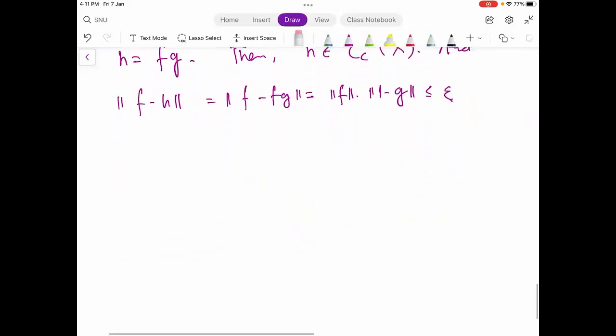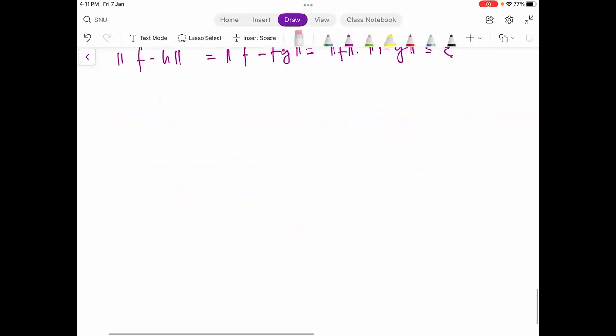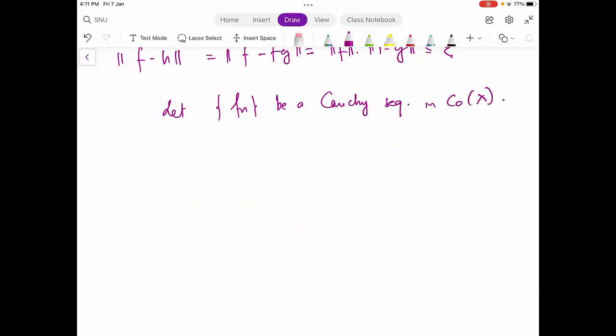The second thing that you need to prove is that C_0(X) is complete. So let f_n be a Cauchy sequence in C_0(X). That means the supremum goes to 0 as n and m go to infinity.